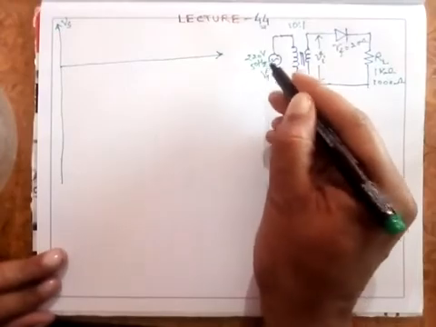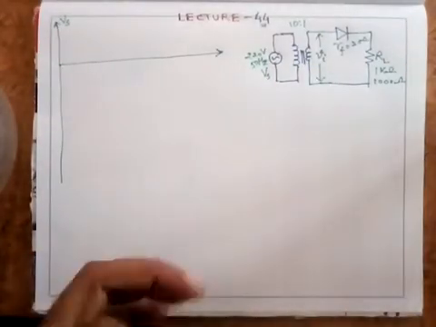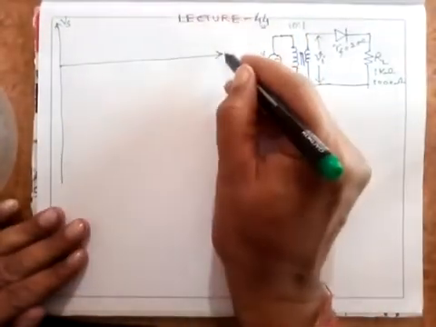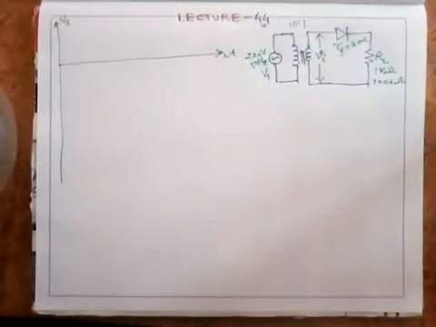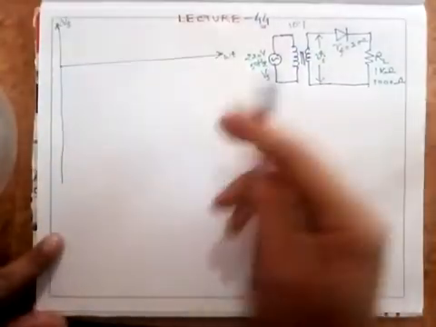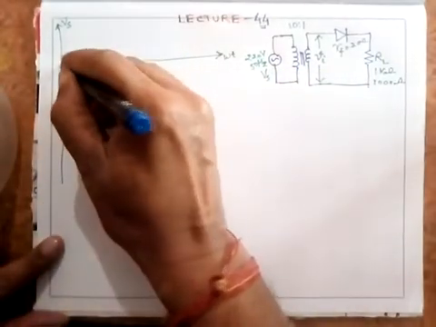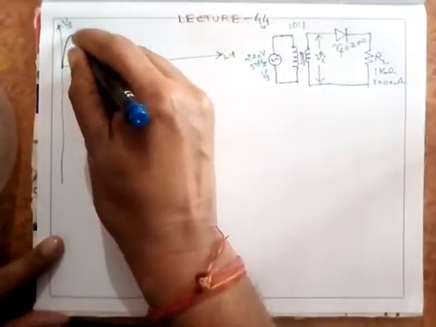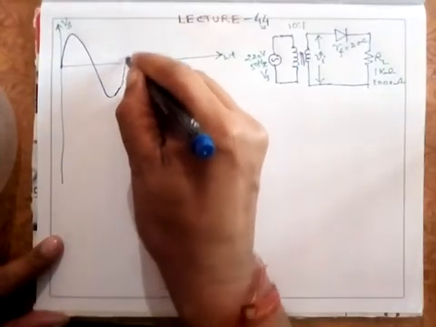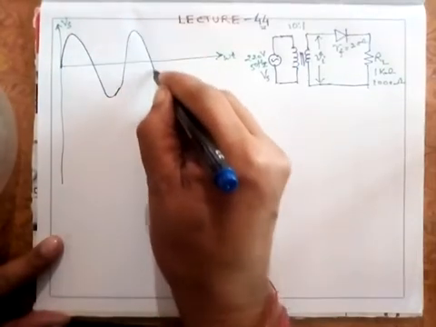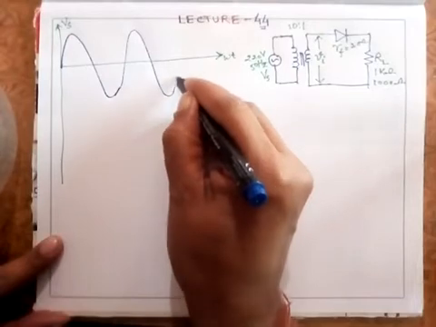This is 220 volt and 50 hertz. Of course, everywhere this axis is omega t or theta. What is applied here is 220 volt and 50 hertz. I am drawing a sinusoidal signal, and assume this to be of the same amplitude.